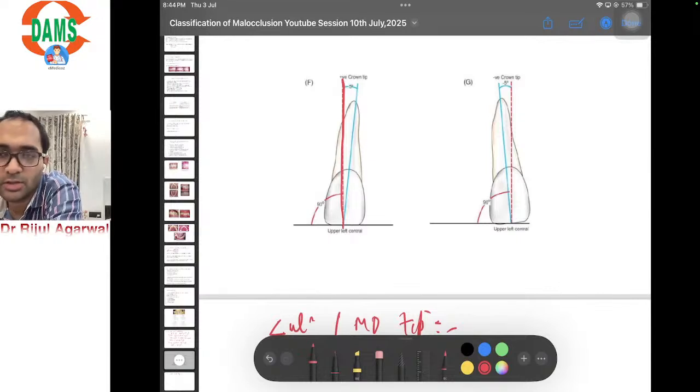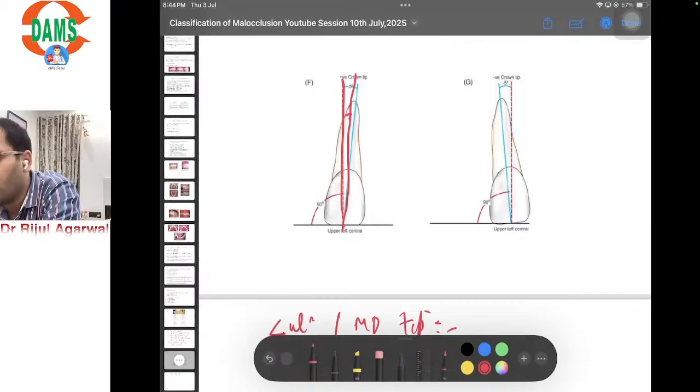So one line passes through the developmental ridge of the canine, incisor and premolar, and through the buccal groove of the molars, and the next line through the long axis of the crown and root.